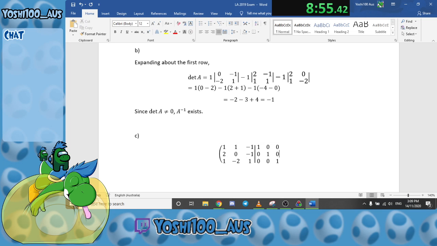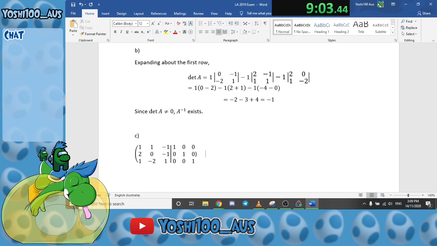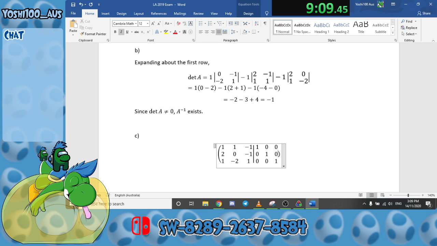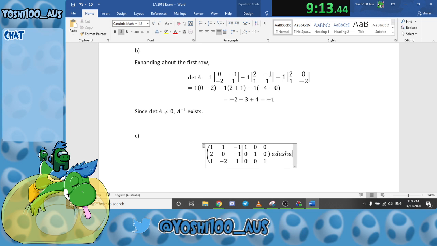This bracket is not part of it. I'm very sad. You could just pretend it works. This is why I do this part by hand.